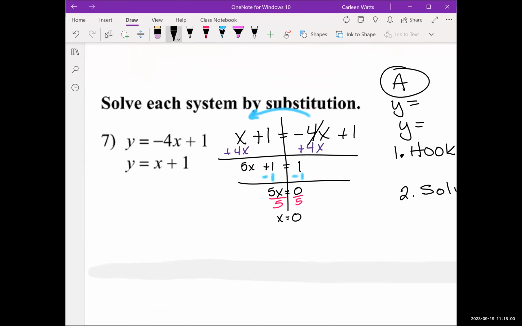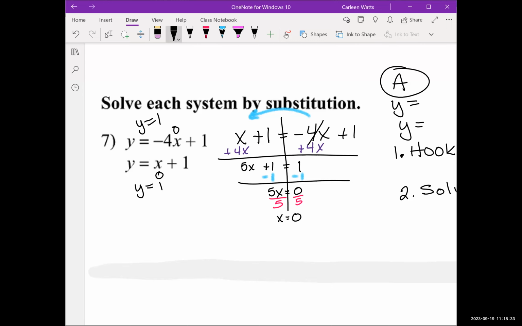What do you think I need to do next? Am I done, or is there one more thing I need to do? Okay, I need to find the value of y. One more thing. So if I plug it in here, -4 times 0 is 0 plus 1, I get y equals 1.